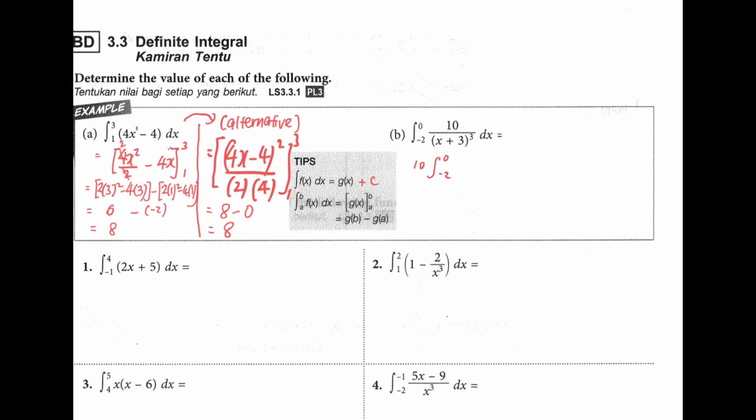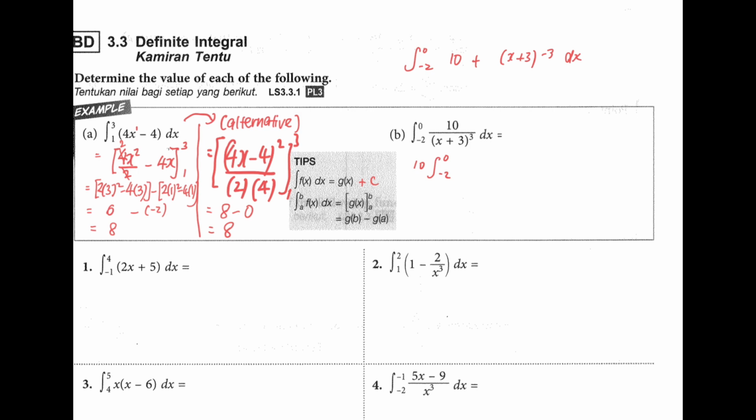So in what situation you need to change 10 to 10x, and in what situation no need? For example, if your question is 10 plus x plus 3 minus 3, then yes, you have to change 10 to 10x.